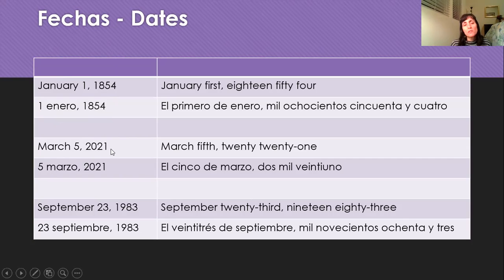March 5th, 2021 would be el 5 de marzo, 2021. And September 23rd, 1983 would be el 23 de septiembre, 1983. So let's break this down a little bit. I know that's a little intimidating.